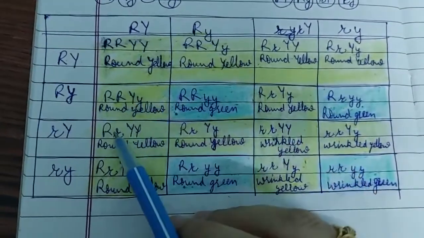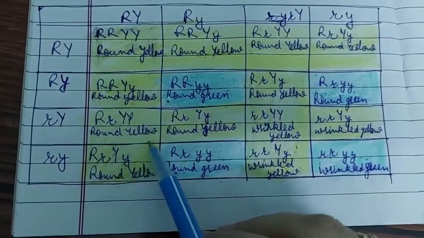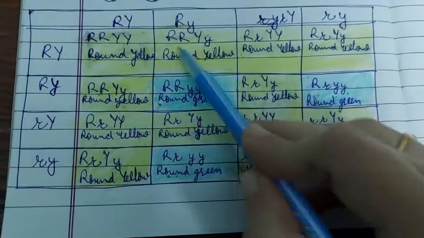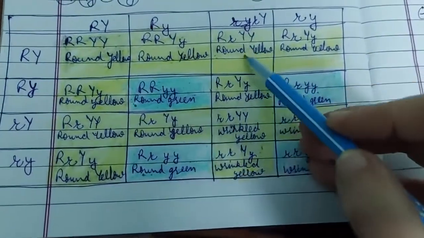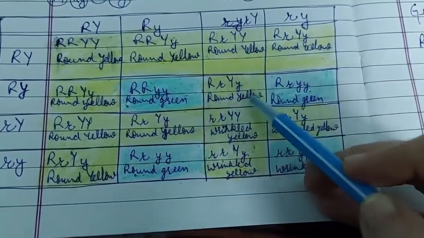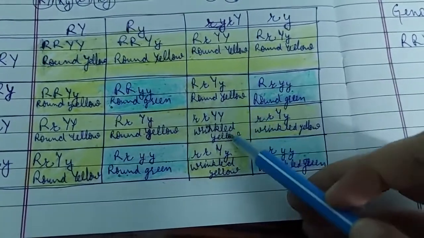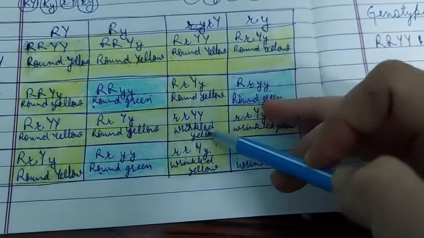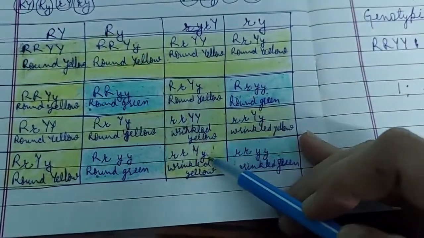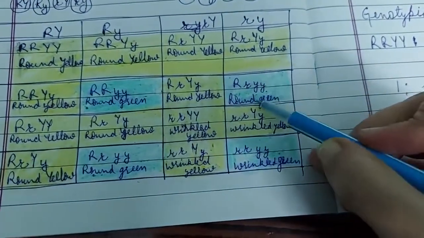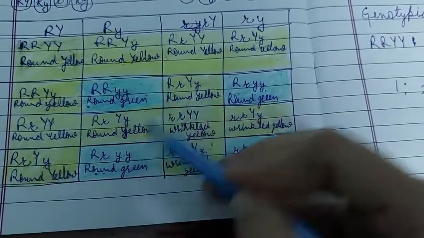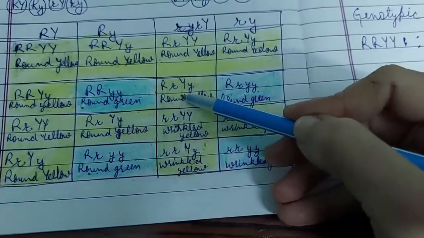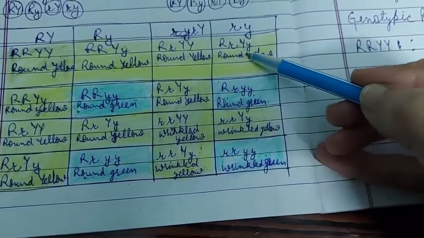Round yellow 1, round yellow 2, round yellow 3, round yellow 4, round yellow 5, round yellow 6, round yellow 7, round yellow 8, sorry, it's wrinkled. It's also wrinkled, it's also wrinkled. So 1, 2, 3, 4, 5, 6, 7, 8 and 9.